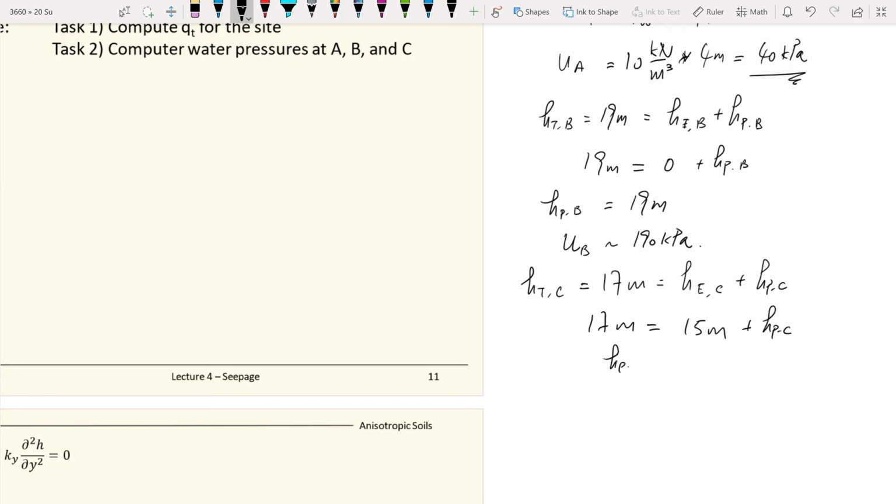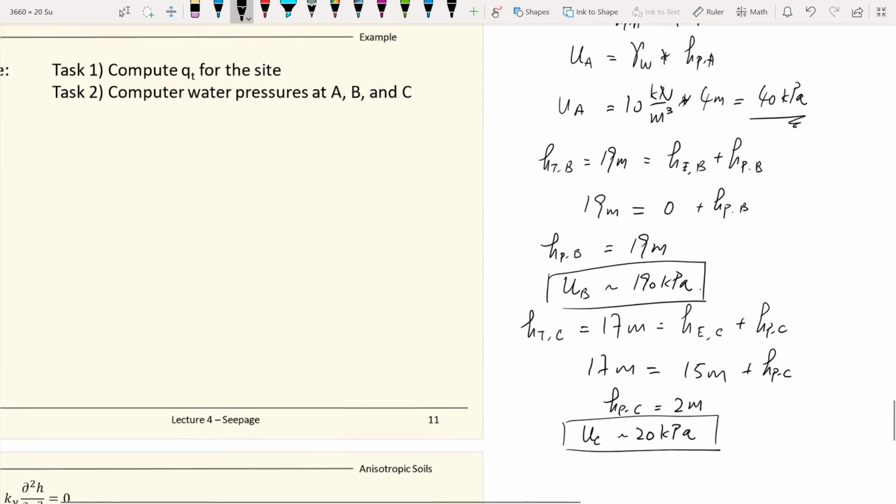So the potential head at point C is 2 meters. Similarly, the water pressure is equal to the unit weight of water times the potential head, so at point C it will be about 20 kilopascals. With that, we find out the water pressure at point A, point B, and also point C. These are quick examples.